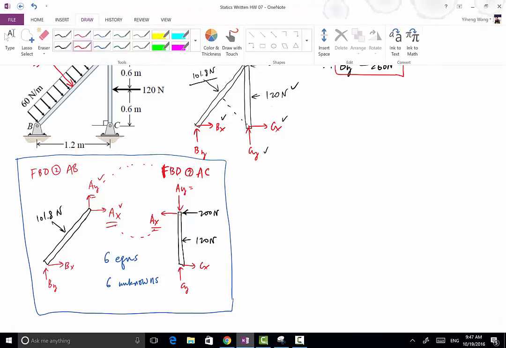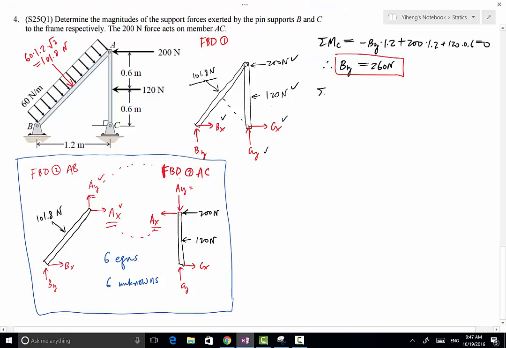And if we do the same thing, summing the moments about point B, out of the four unknowns, Cy is the only one that has moments about point B. So from there, we can solve for Cy, which is negative 188 Newton.